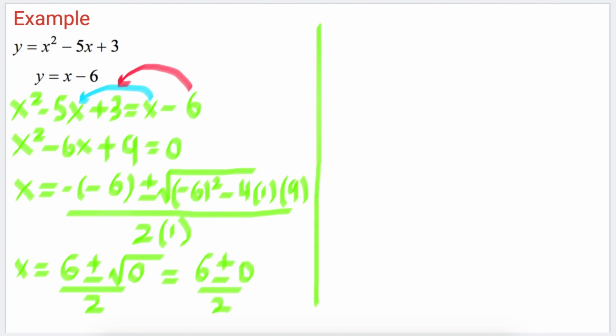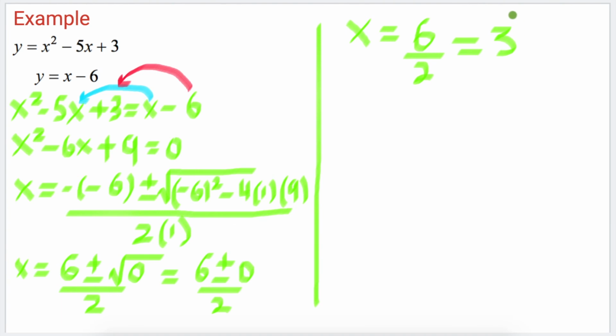The final step is now to solve. Even though it's plus or minus, we're not really going to solve two equations. We're just going to solve one, because whether you add 0 or subtract 0, it doesn't change the calculation. So x equals 6 divided by 2, which gives us 3. So this is the x value of this system.